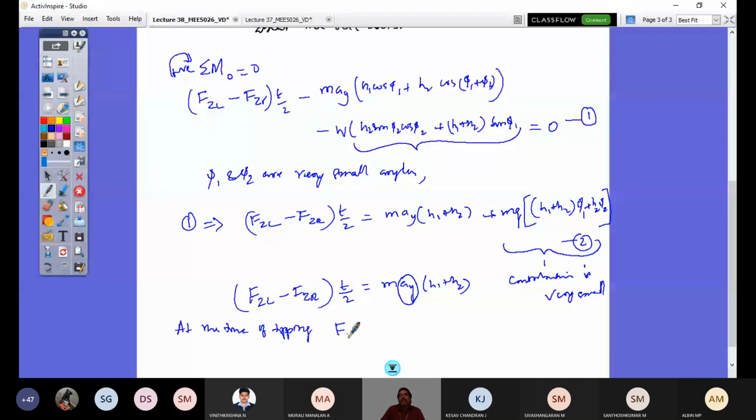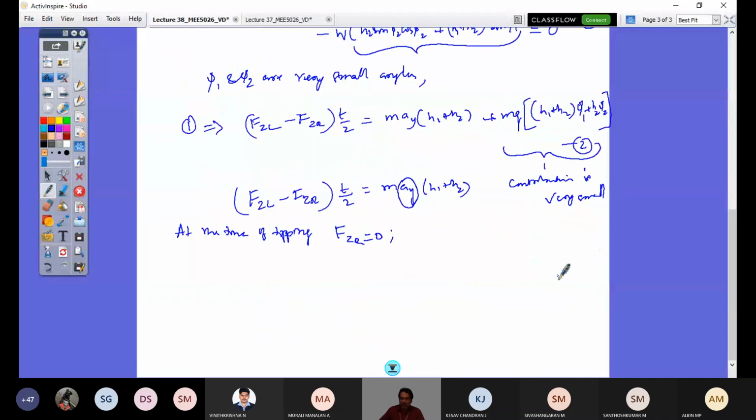The reaction at the right side wheel is 0. So what would happen on the left hand side in this equation? F_zR is 0, so F_zL entirely is going to carry the total weight of the vehicle, which is mg. The entire load of the vehicle would come on this axle wheel.